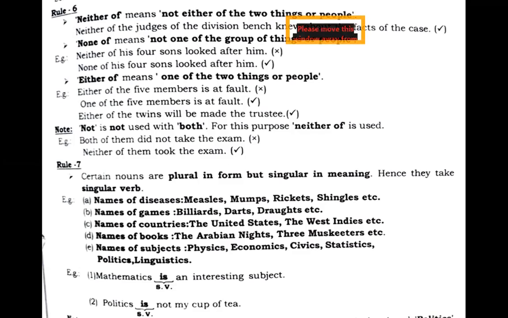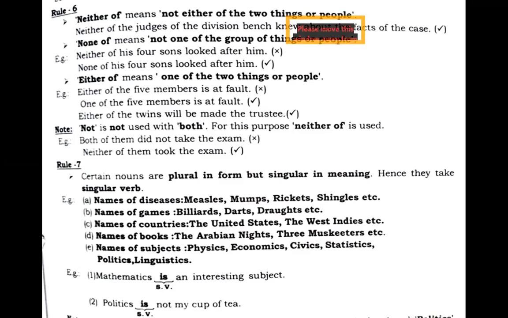Either of the twins will be made the trustee. Not is not used with both. For this purpose, neither of is used. "Both of them did not take the exam": orally we use this, students, but it is a grammatically wrong sentence. "Neither of them took the exam" will be the accurate sentence. Neither of means out of two, not one.